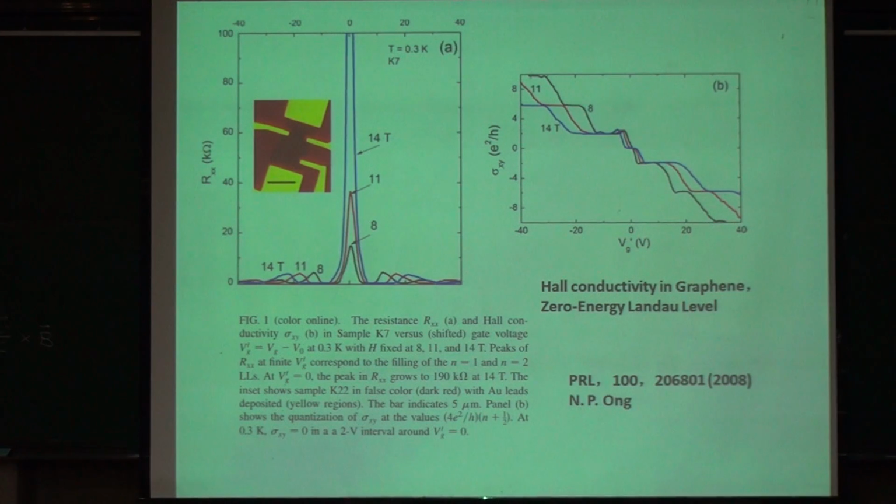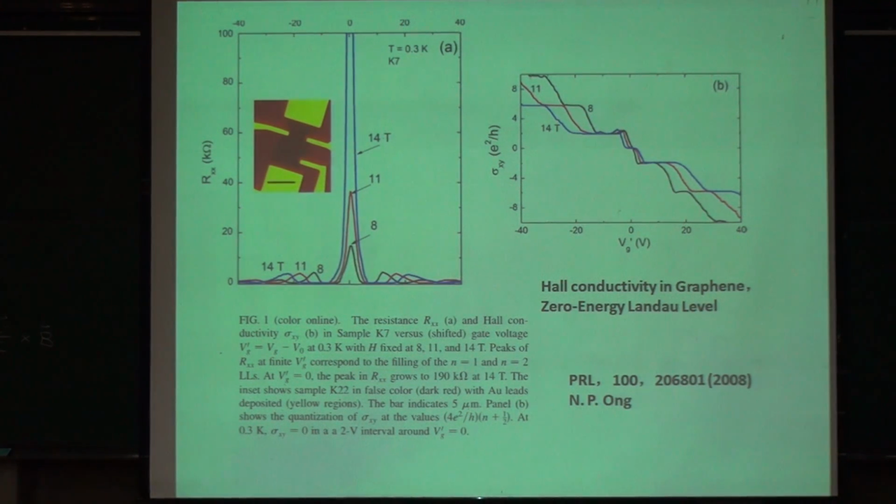In some experiments, not all, depending on the sample quality, there is a very small plateau region. However, there is a strong difference between this plateau and the normal quantized Hall plateau. In the normal quantized Hall plateau, once you have a plateau, the longitudinal resistance goes to 0.